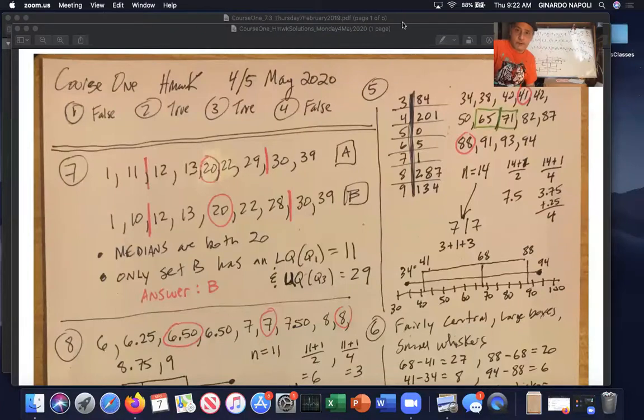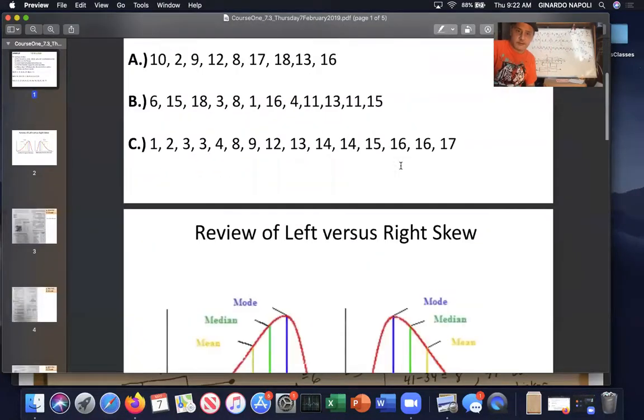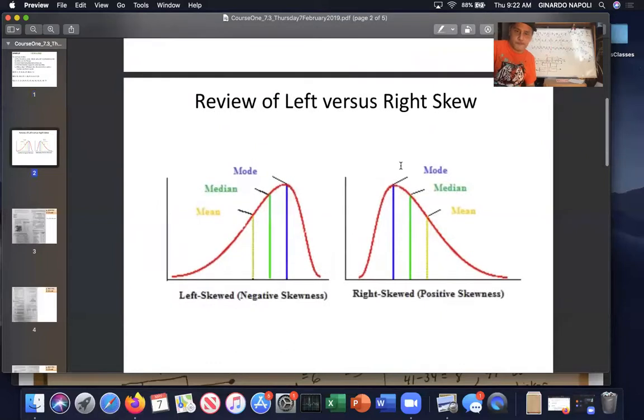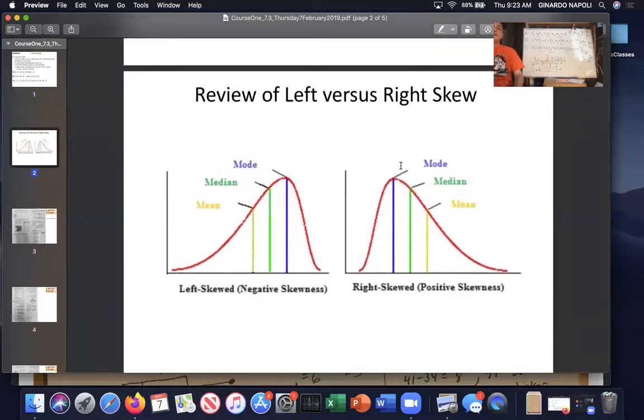All right, so now we talked about this a little bit on Monday at the very end. Here's another way to look at this. So when you have left skew, that means the mean and the median are pulling away from the mode. That's what that means. And so notice that if the median pulls, that means you're going to have more to the left of the mode.